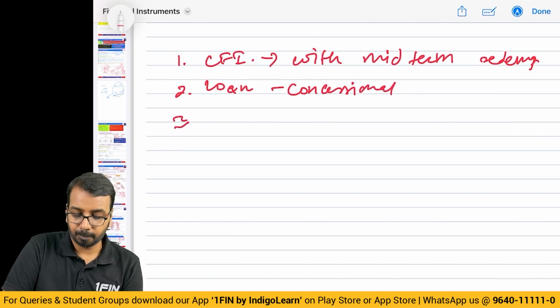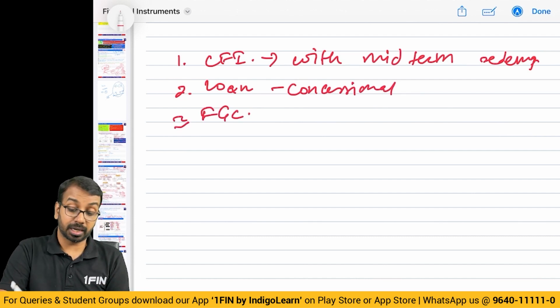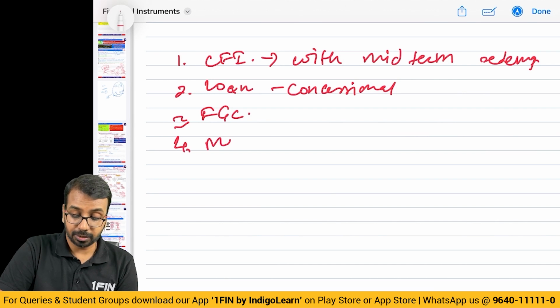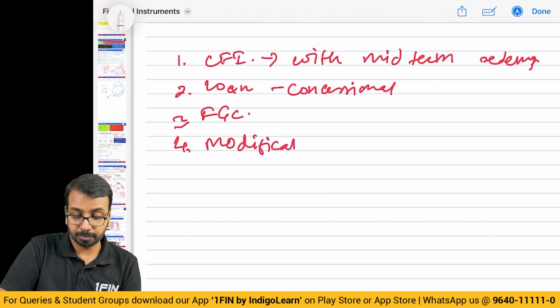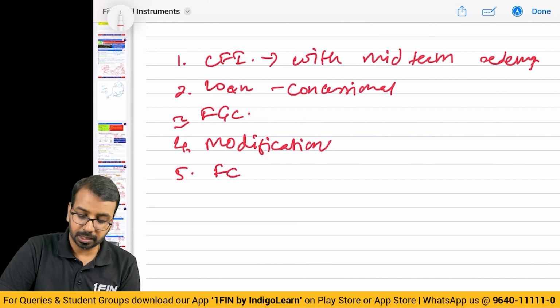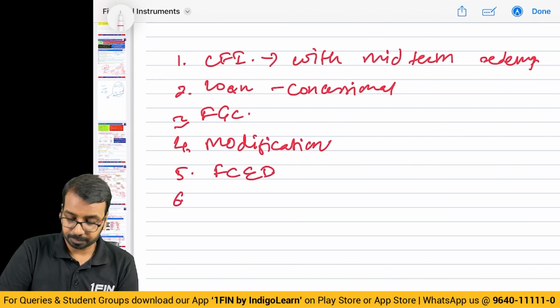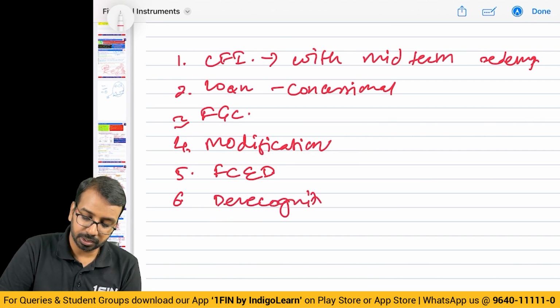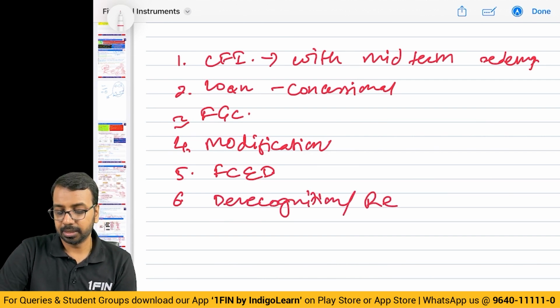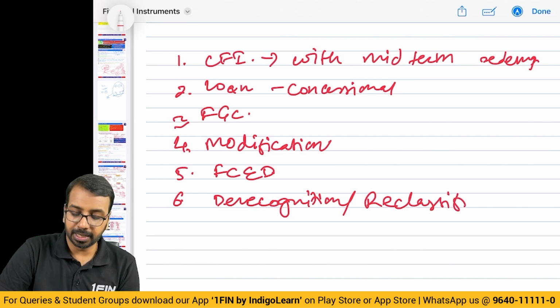Then you have financial guarantee contract, which you have to be careful about. Then you have modification accounting. Then you have foreign currency embedded derivatives, that is also very, very important. Then you have derecognition related aspects and reclassification related aspects.